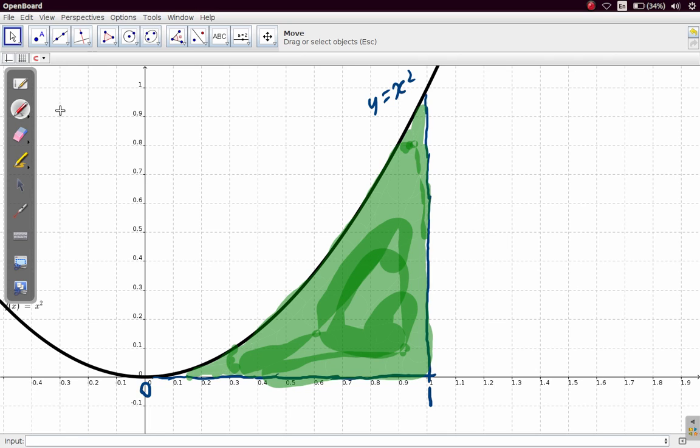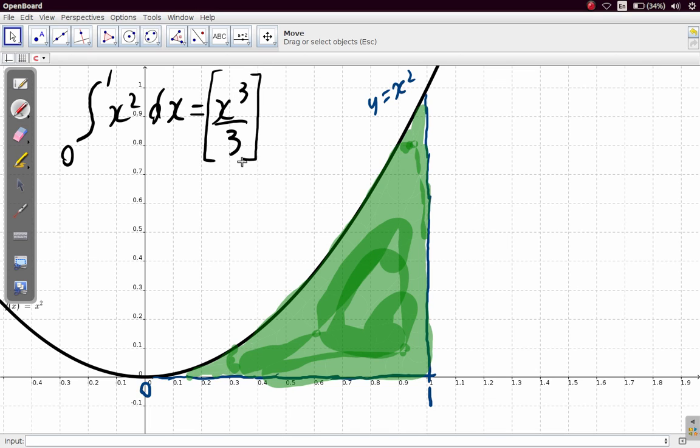What you would do is this now. You're going to integrate from 0 to 1 of x squared dx with respect to x. So the integral of x squared is x cubed divided by 3. Remember, you add 1 to the old power to get the new power, and you divide by the new power. You have your square brackets, and on the right-hand side of your right square bracket you put your lower boundary at the bottom and your upper boundary at the top.